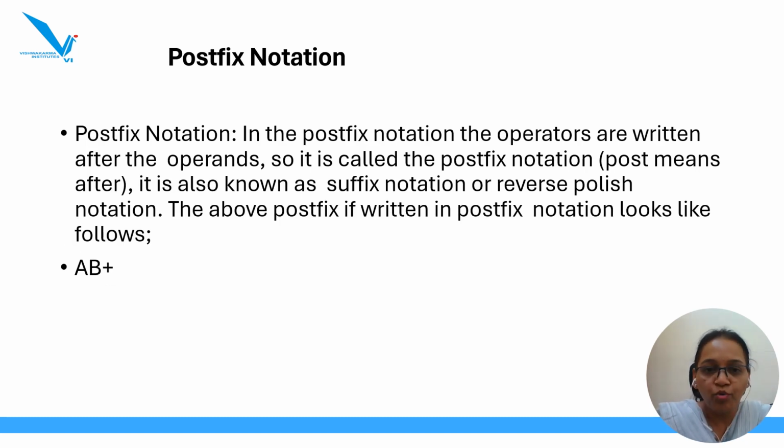And the last one is postfix notation. In postfix notation, the operators are written after the operands. So it is called postfix notation. Post means after, right? It is also known as the suffix notation or the reverse Polish notation. So the above expression written in postfix notation looks like A B plus.